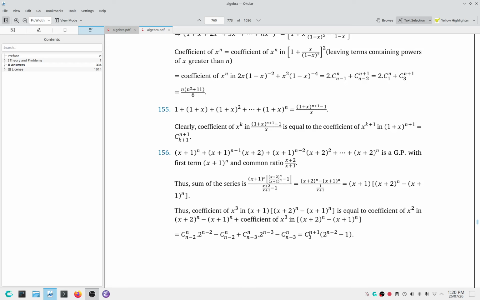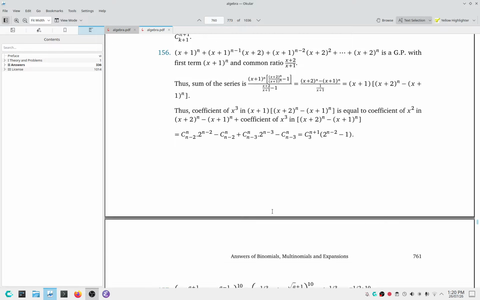It is equal to (n plus 1)C3 times (2 to the power n minus 2 minus 1).